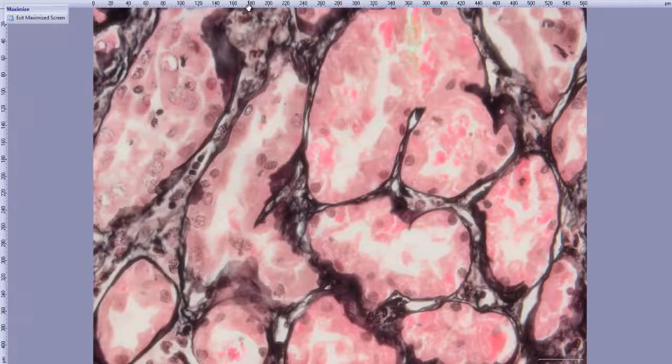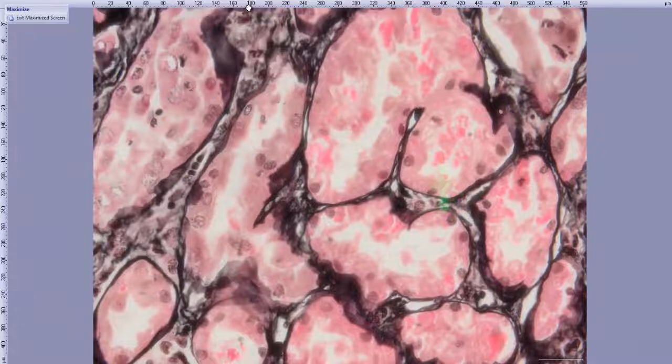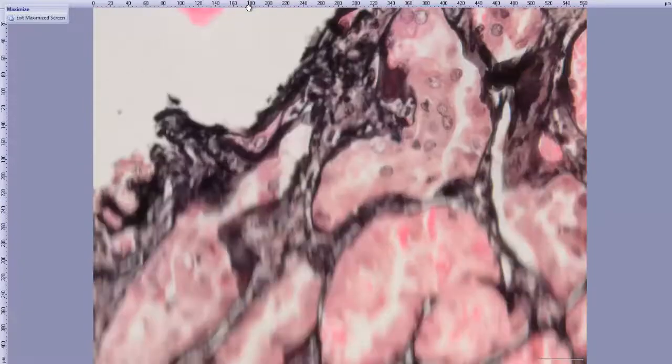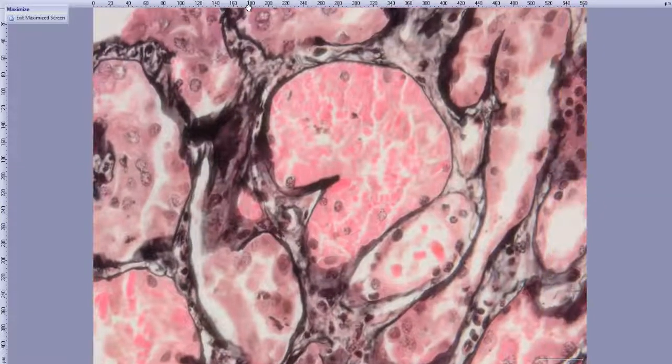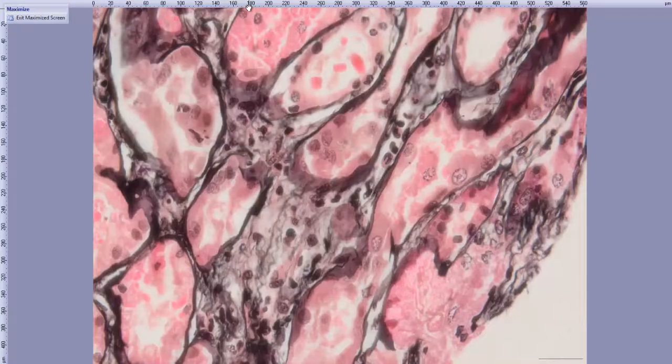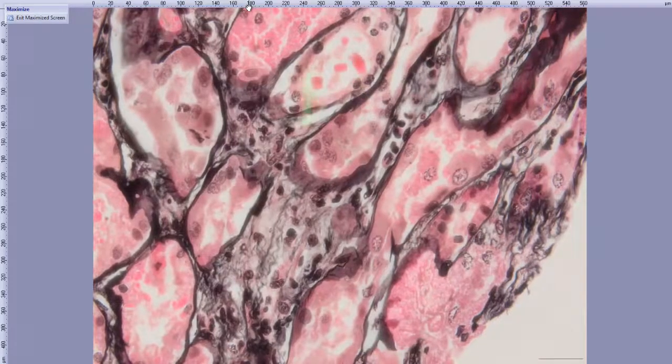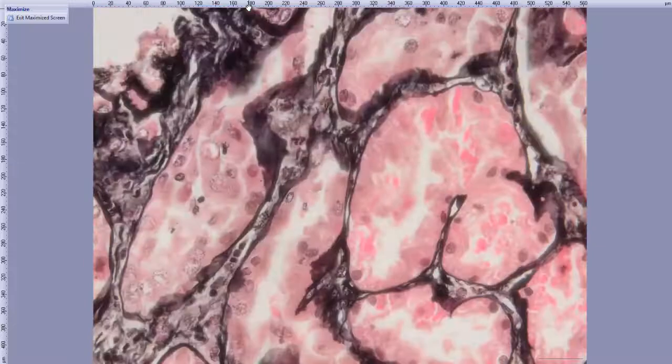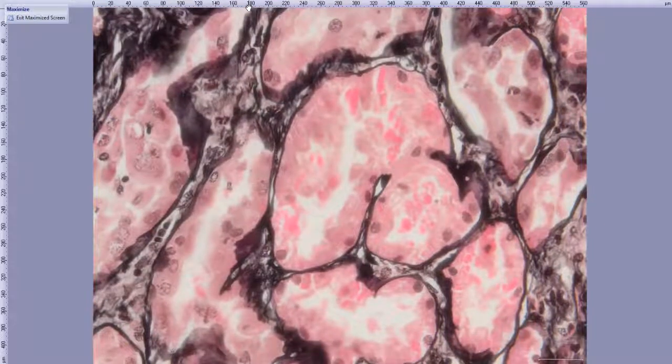Some of them are more rhomboid and needle-like, others are more hexagonal, if you may say, with angulated contours, or more globoid. Here's another cell. The tubular epithelial cells of this proximal tubule are actually clumped and stuffed with these structures. And here you can see them within the lumen of a distal tubule. And here again within the proximal tubular epithelial cells themselves.